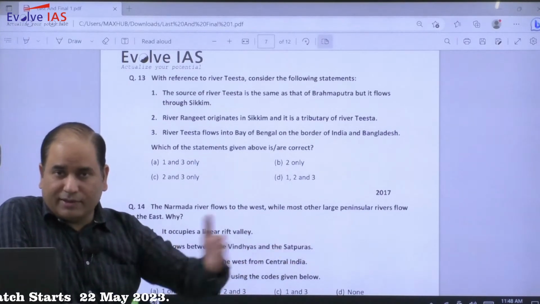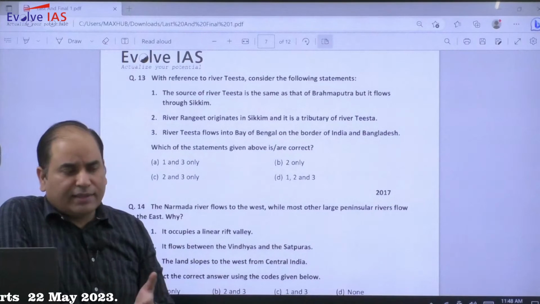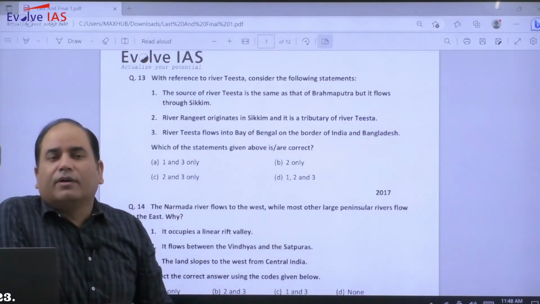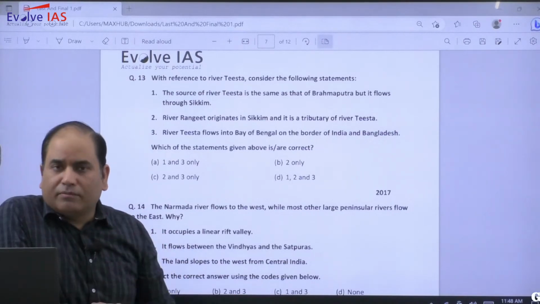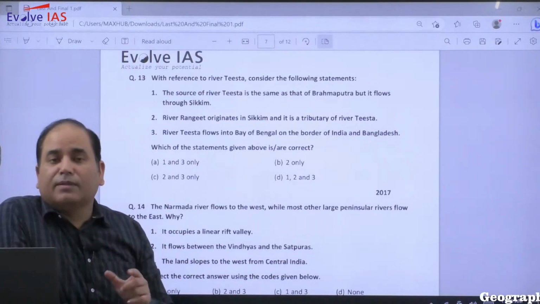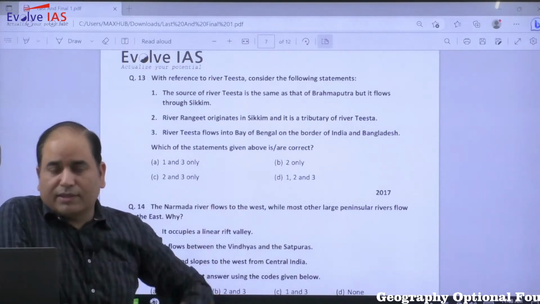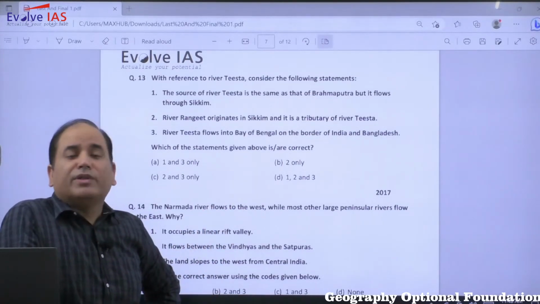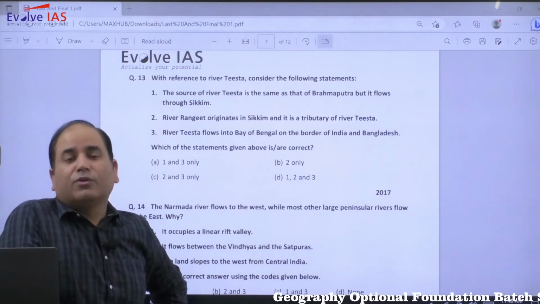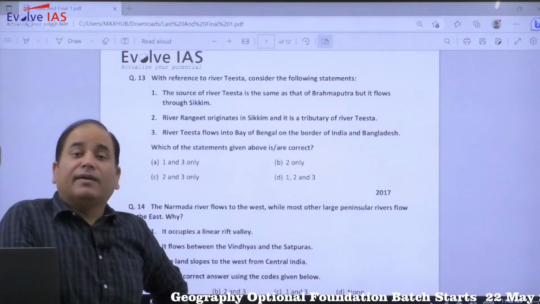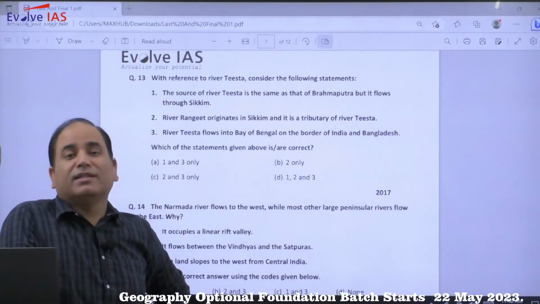So a river changes its course, and this change of river course is known geologically as avulsion. River avulsion is simply the changing course of the river. Most of the time the change in course is because of the nature of the river, but sometimes the river is forced to change its course.